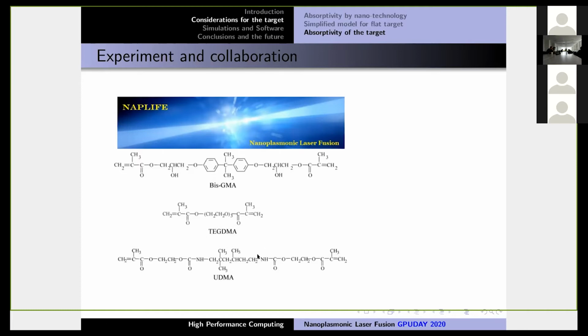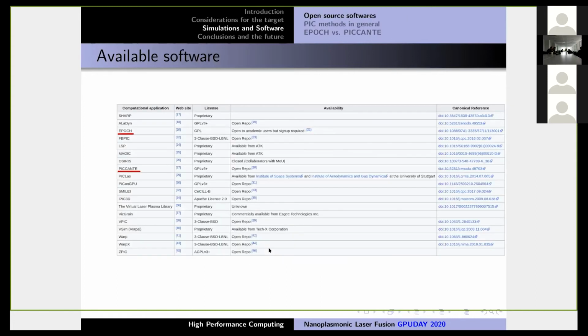The theoretical group has to provide sufficient information for the experimental group on what setups they could use, and for that we use the particle-in-cell method.